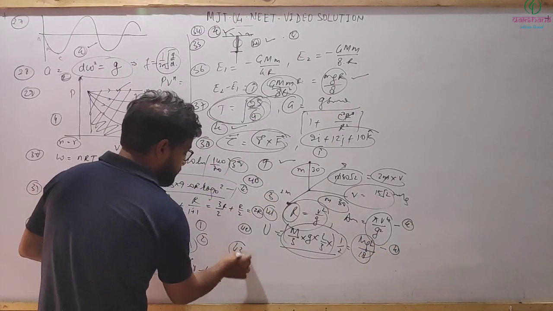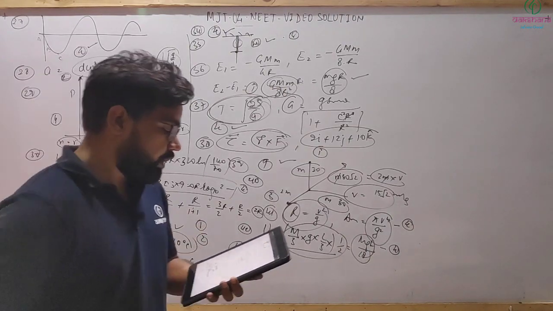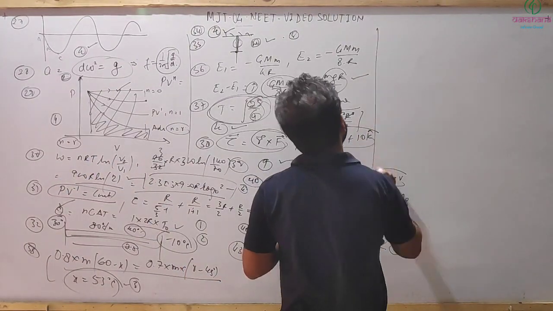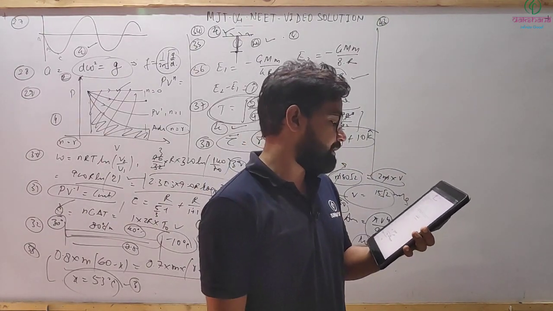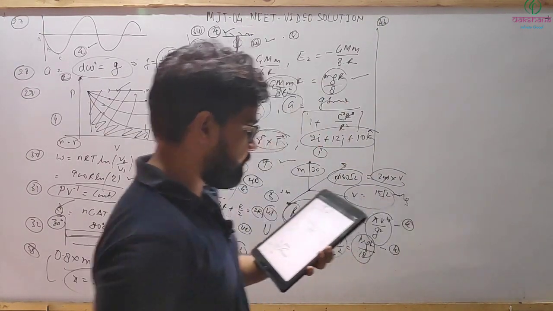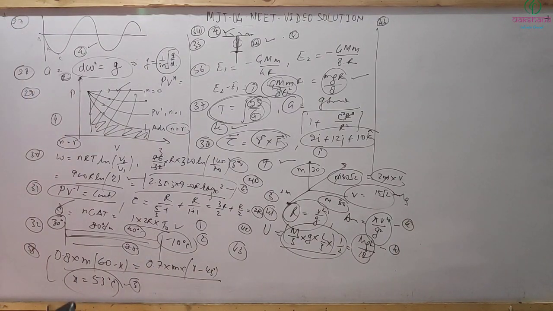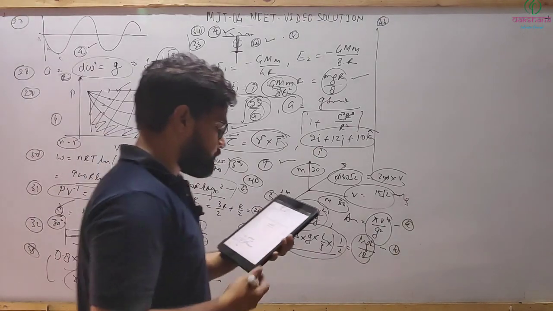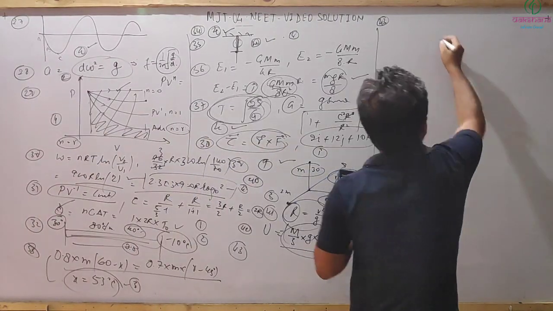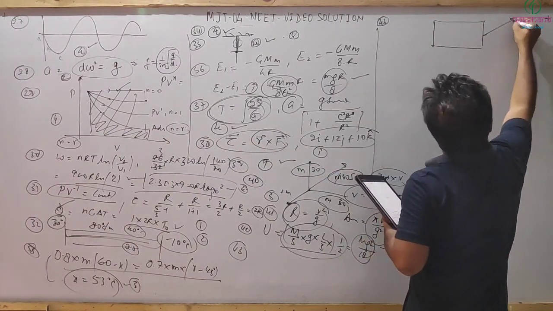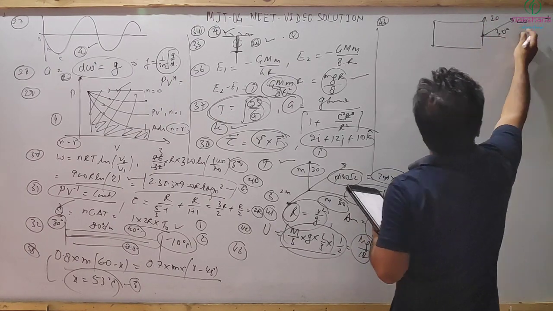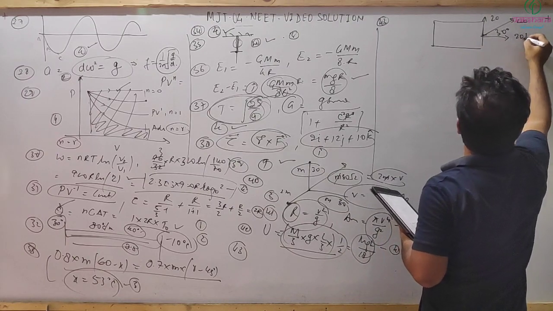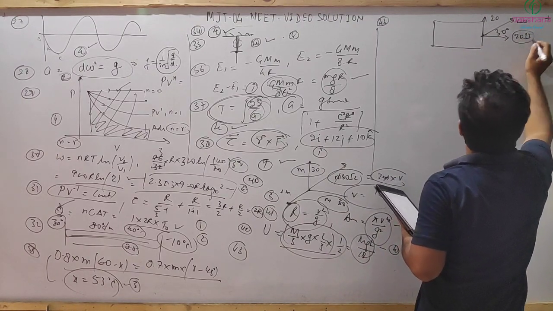Next, question number 43. A block of mass m equal to 5 kg is resting on a rough horizontal surface for which the coefficient of friction is 0.2. When a force of 40 Newton is applied as shown in the figure, find the acceleration of the block. In this case the force is 40 Newton at 30 degree, so the vertical component will be 40 sin 30, which is 20, and the horizontal component is 20 root 3 Newton.